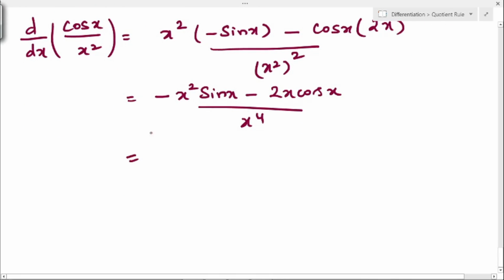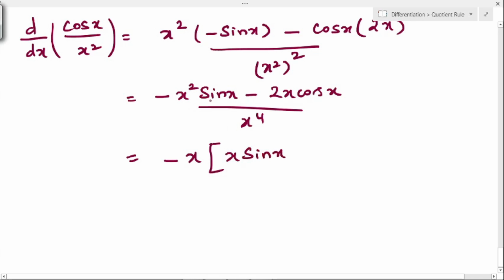So that is equal to, here we have minus common, so we are taking it out, and also we have one x term common, so I am taking that x outside. So the remaining value is, if you take one x term, it will become x sin x.